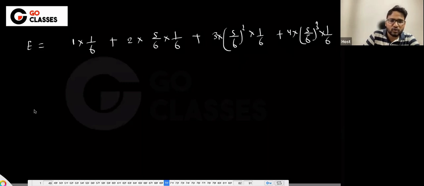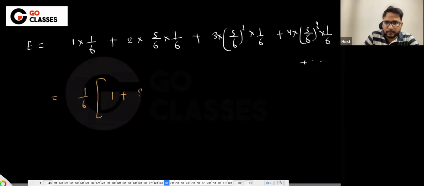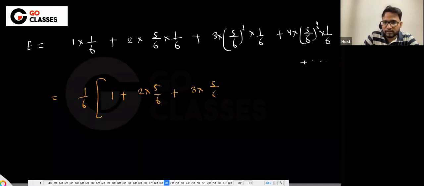I think 1 by 6 is common, so it is still infinite. Let's find the expected value. 1 by 6 is common, and then this is 1 plus 2 into 5 by 6 plus 3 into 5 by 6 square plus 4 into 5 by 6 cube.